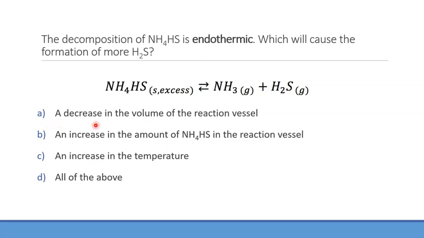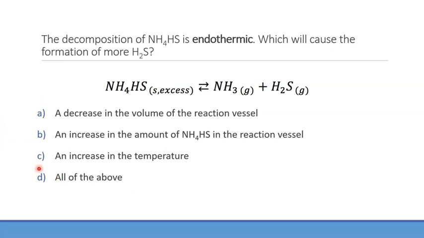The options are a decrease in volume of the reaction vessel, an increase in the amount of this in the reaction vessel, an increase in temperature, or all of the above. We can right away eliminate B as a correct answer, because increasing the amount of the solid isn't going to affect the equilibrium. It is not part of our equilibrium expression. So we know it's not B, and if we know it's not B, we also know it isn't D.